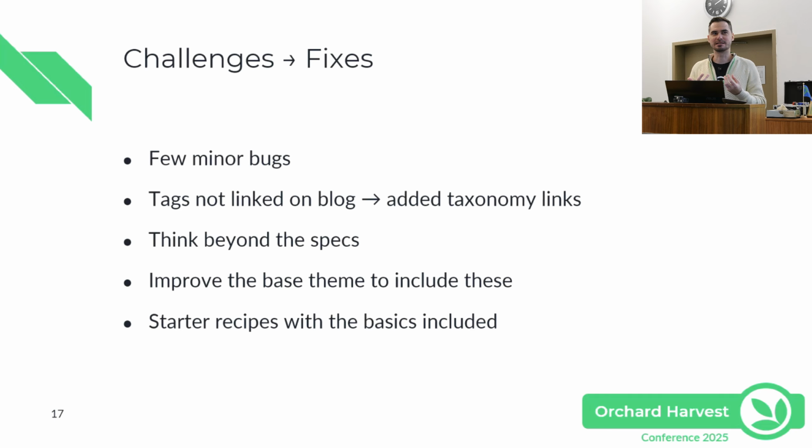So these are the things that we need to somehow automate or at least make sure that in the next project it will come automatically and all these features will be ready. So one thing that we could do is improve our base theme to include all these stylings, for example the tags. Or we actually use starter recipes.